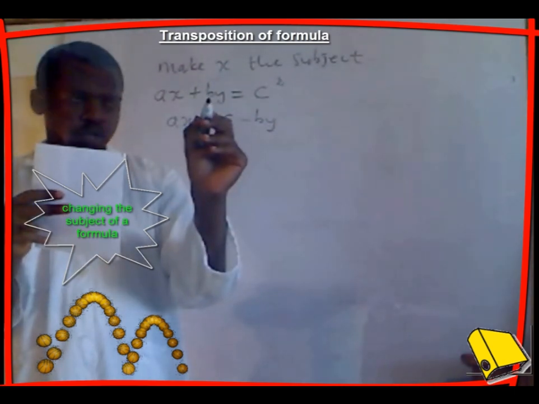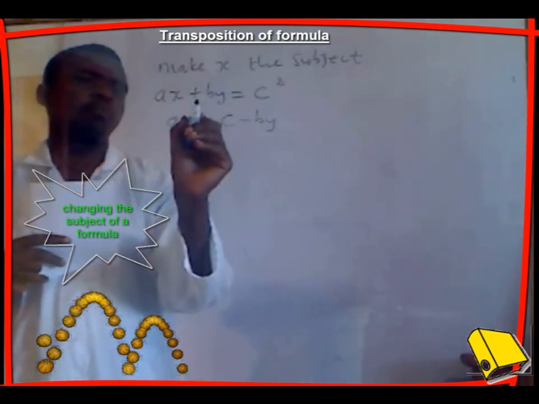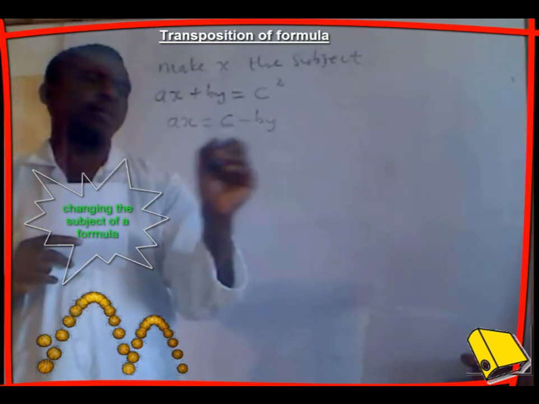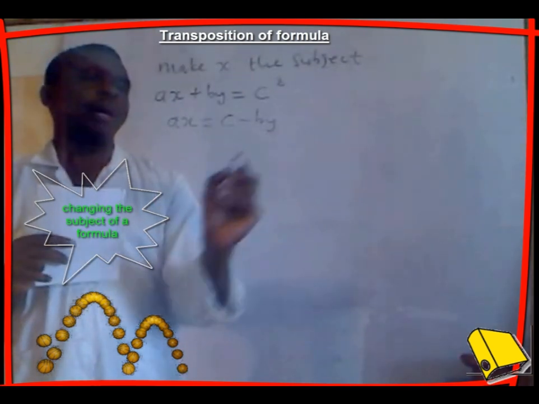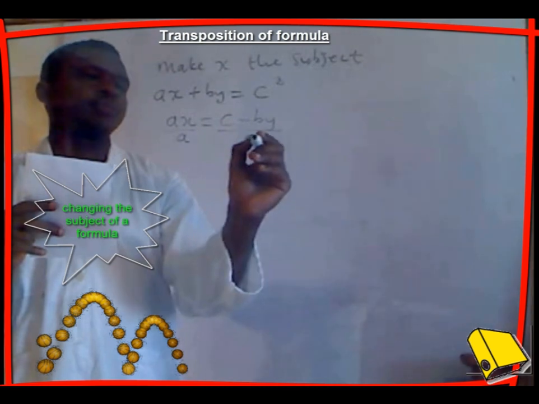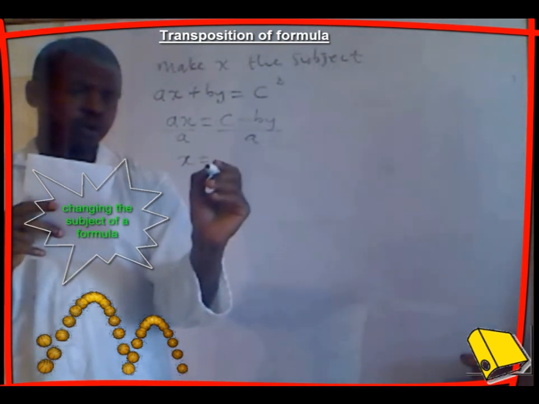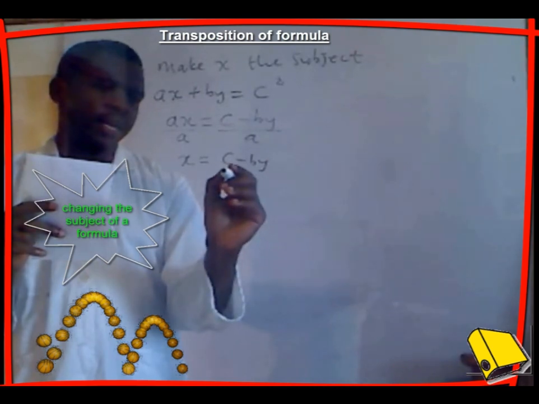When a term crosses the equal sign, its sign changes, so it changes from plus to minus. Now what can I do? I divide all through by a. This will give me x is equal to c minus by all over a.